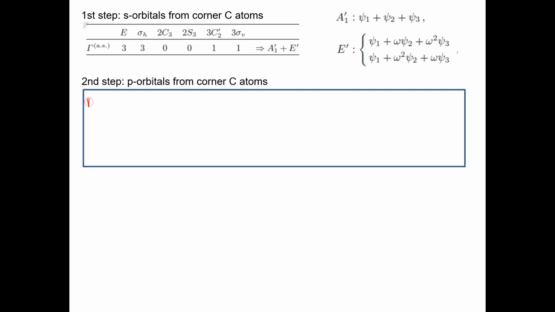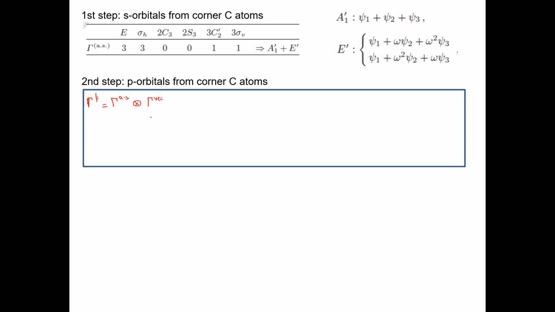So the representation for P orbitals, I can call it gamma P, is going to be the direct product between the equivalence representation and the vector.